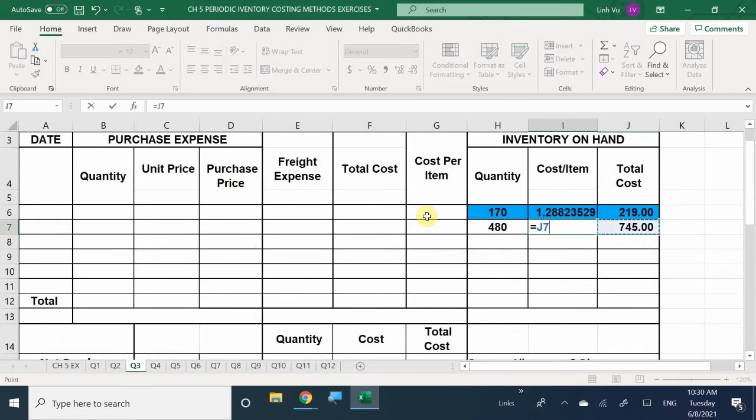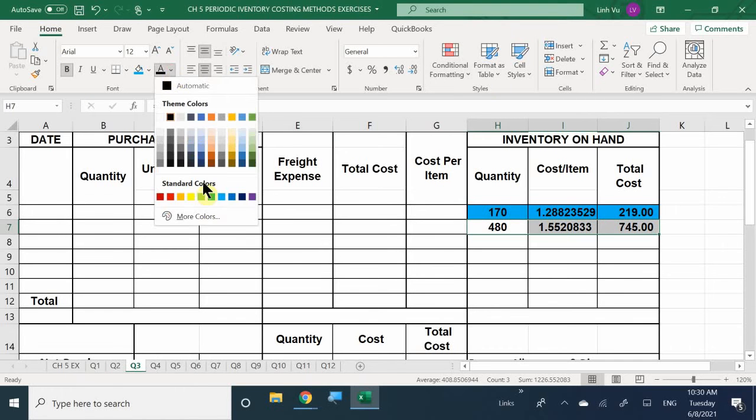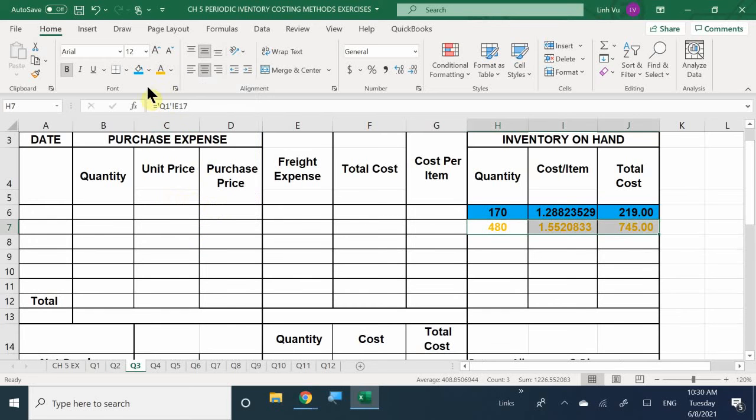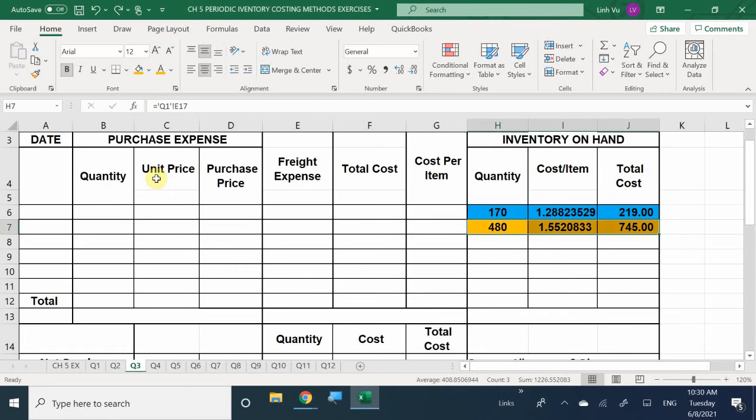In this case, we solved the total cost per item to be 1.552, etc., right? And I'm also going to highlight this. So I just carried the numbers over. No calculations really necessary unless you'd like to. In this case, we colored this one orange, right?